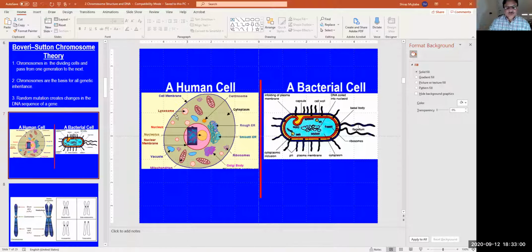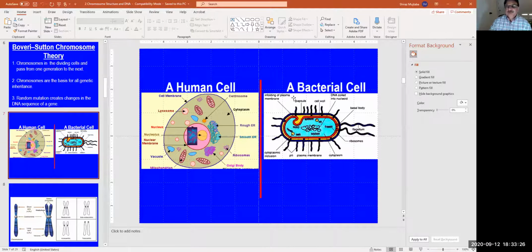You can see that the human cell is supported by various organelles, including endoplasmic reticulum, ribosome, Golgi apparatus, mitochondria, nucleus, which has chromosome, nucleosome, and nucleolus within the nucleus, lysosome, and they are bounded by cell membrane.